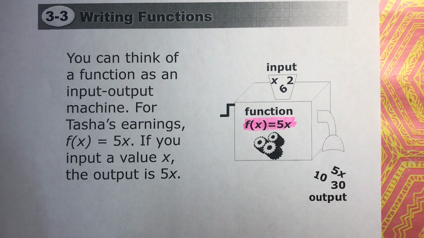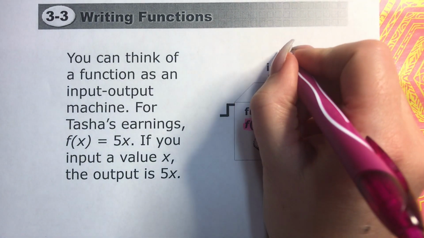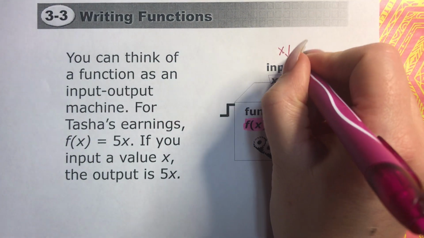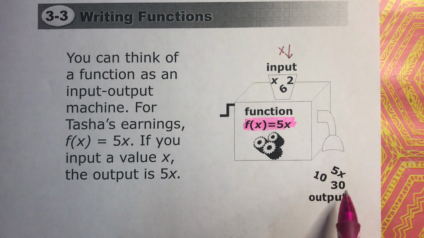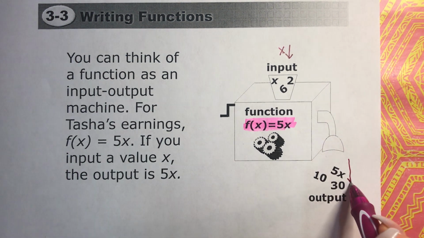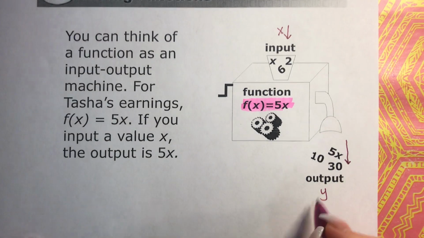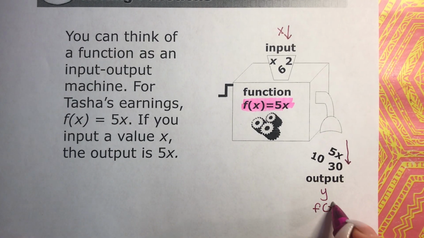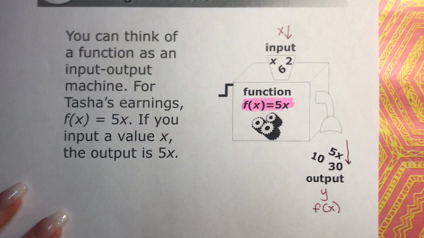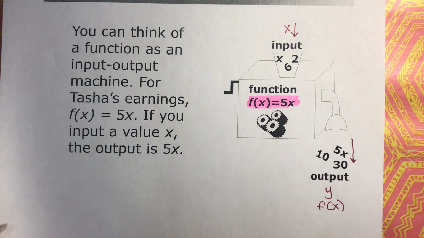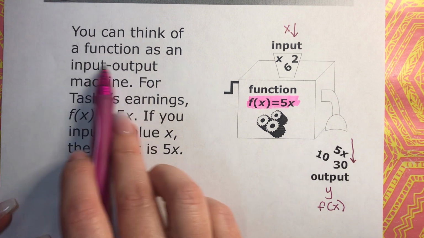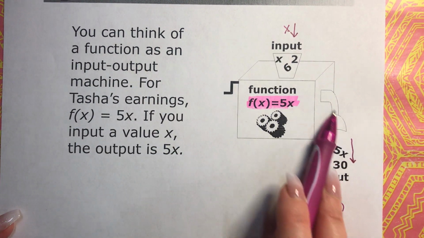So you put that x in, and it goes in with the input, and what happens is you get out the output, which is the y, or sometimes, when we're talking about functions especially, it's called f of x.